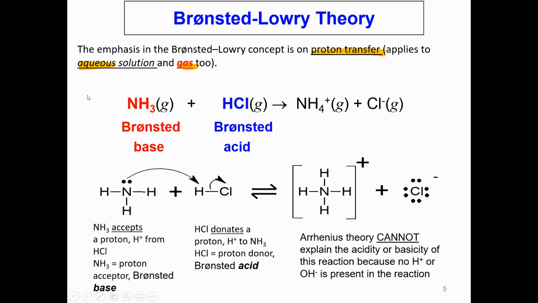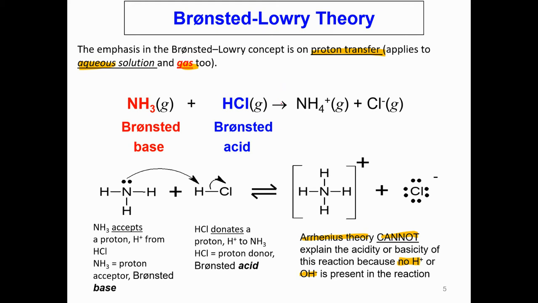Now if we have ammonia and hydrochloric acid, how do we know which one is acid and which is base, if the product has no H+ or OH-? Thus we can see that Arrhenius theory cannot explain the acidity or basicity of this reaction because no proton or hydroxide ion is present.